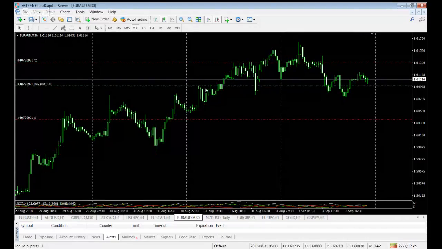Now, how will this trade actually trigger? Because we want to buy, we are expecting the market to come down to hit our buy order. This buy limit simply means that you are expecting the market to get to this point, and once it gets to this point, the market will reverse back. If the market gets to this point and reverses back, you start making profit.